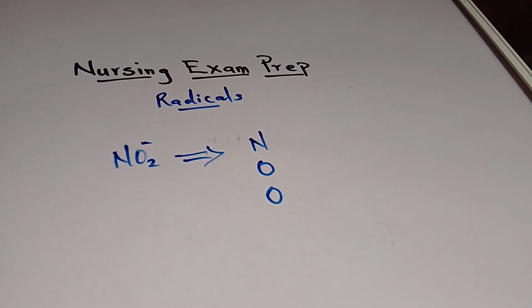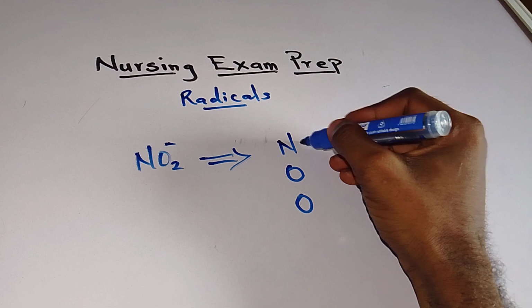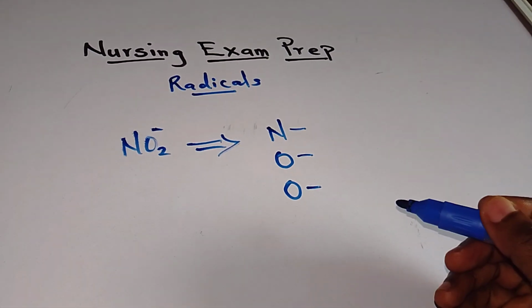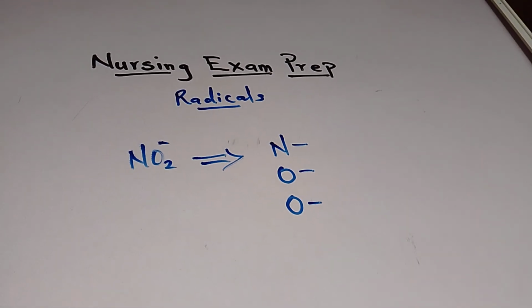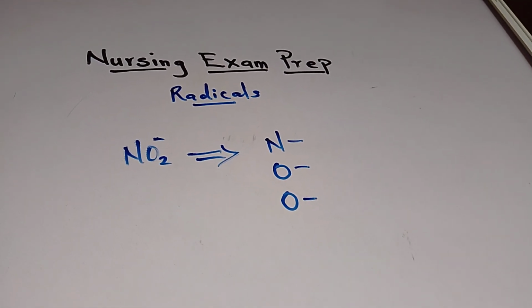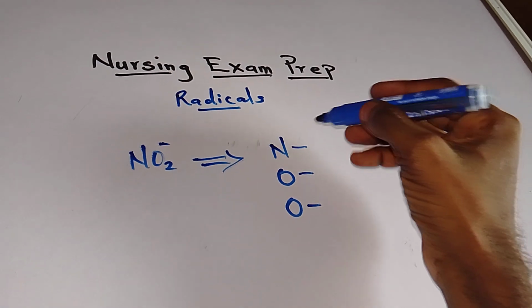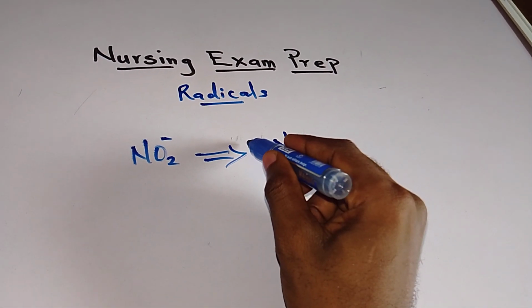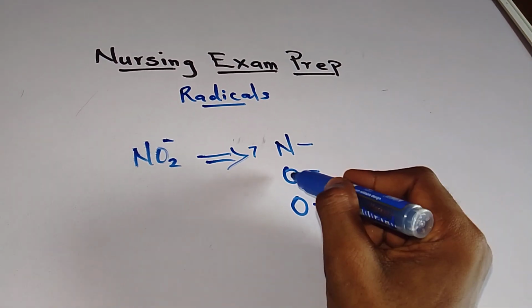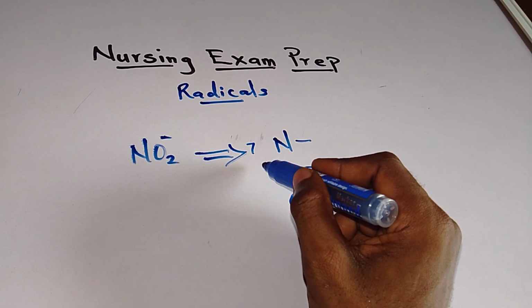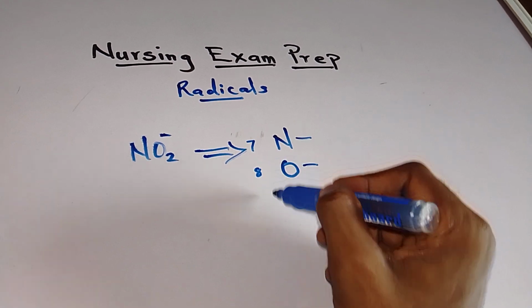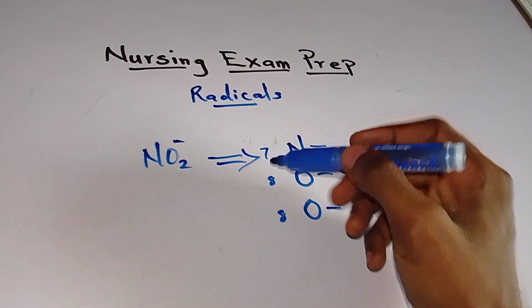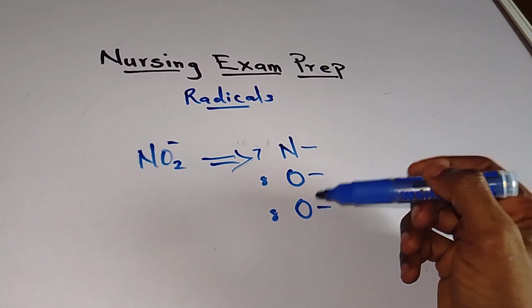Next, consider the atomic numbers of these elements. Nitrogen has atomic number 7. Oxygen has atomic number 8, and this is also 8.